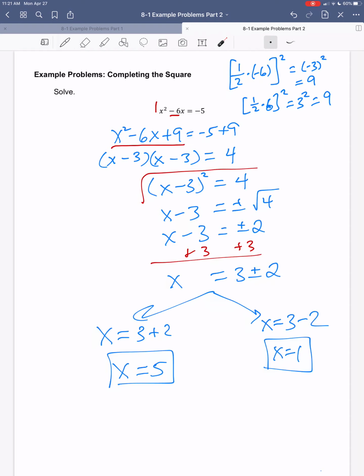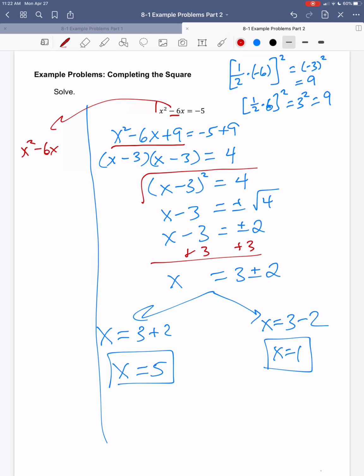So I could have taken this equation over here and had x squared minus 6x. I'd add 5 to both sides. And then I could factor this as x minus 5 times x minus 1.